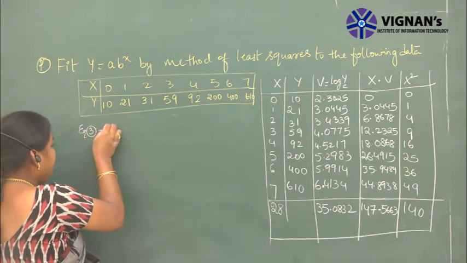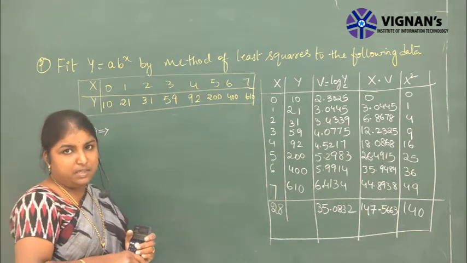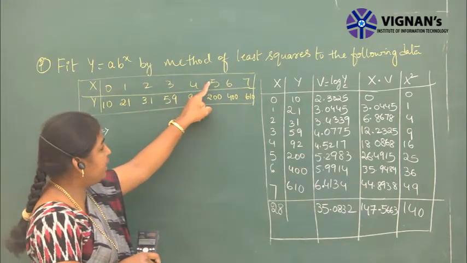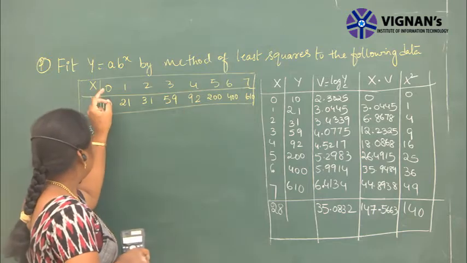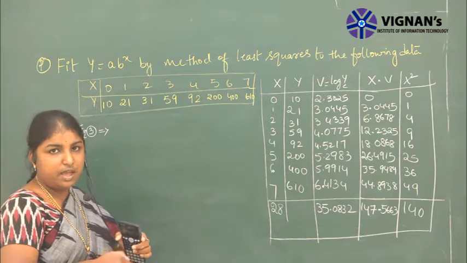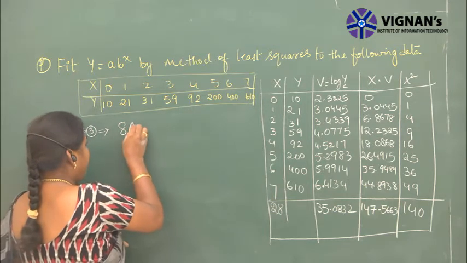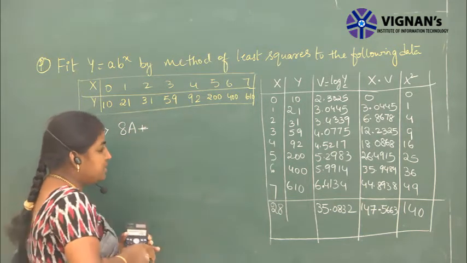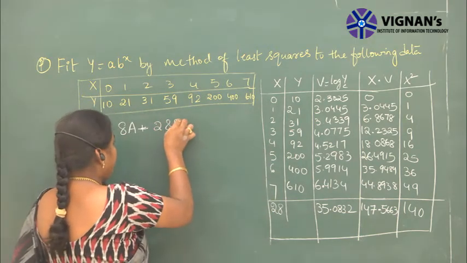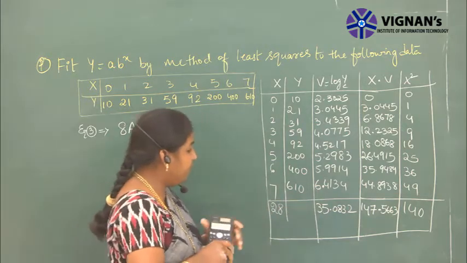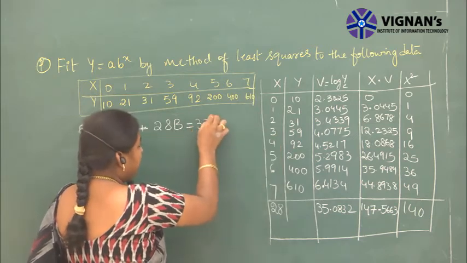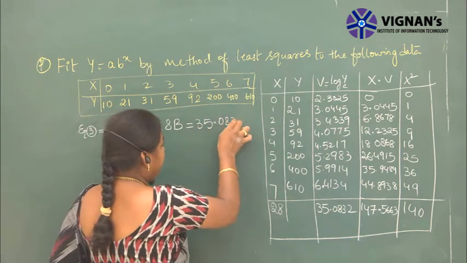Equation 3 implies NA plus B summation X equals summation V, where N is the number of observations. Counting 1, 2, 3, 4, 5, 6, 7, 8, we have 8 observations. So 8A plus 28B equals 35.0832.